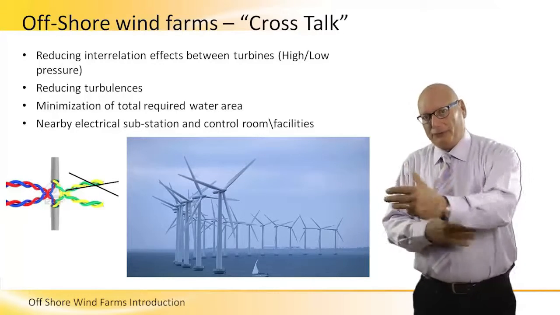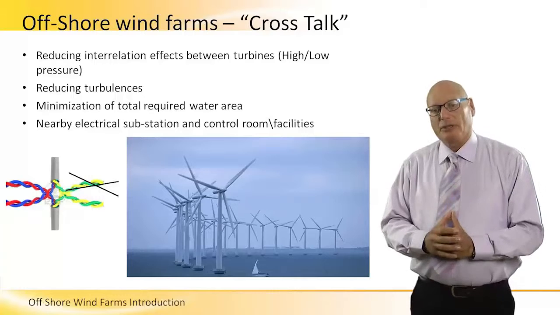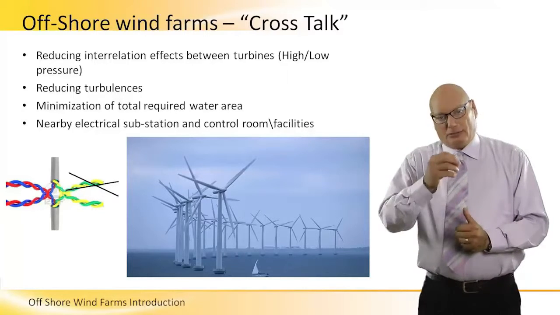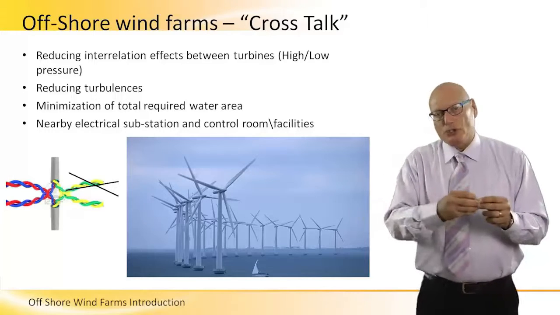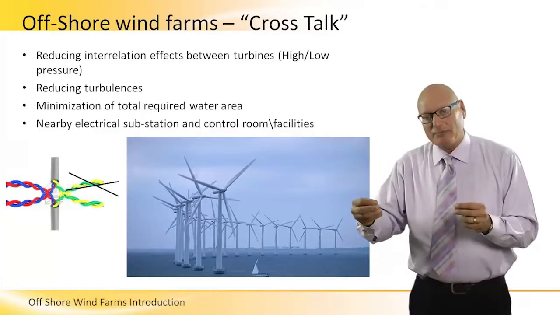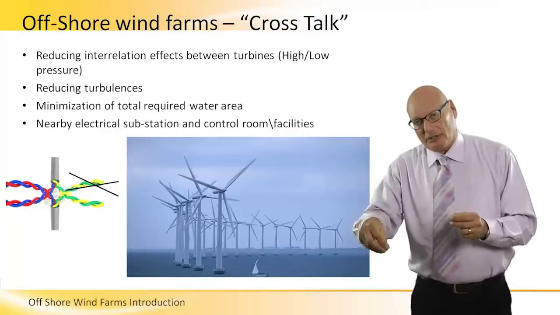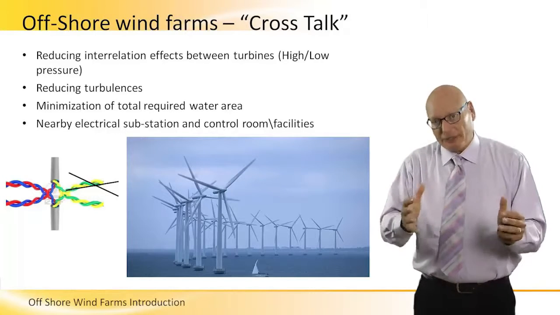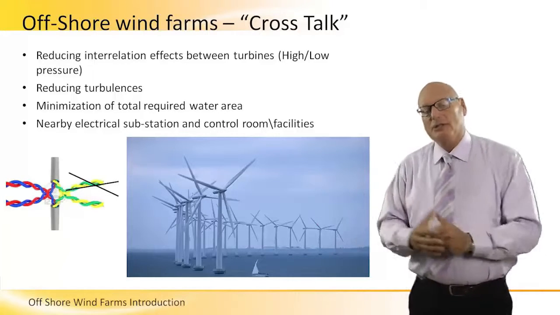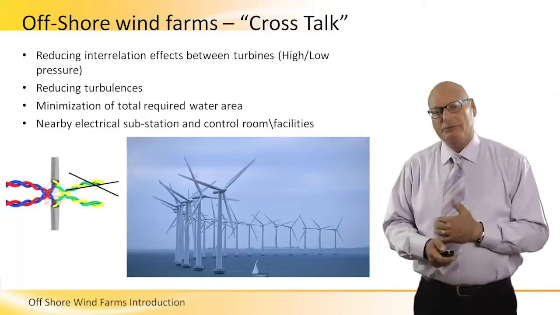Because the area of the farm in this particular configuration is smaller, we can actually minimize or shorten the distance between the turbines and the control room and the substation, and obviously the distance to the consumer end.